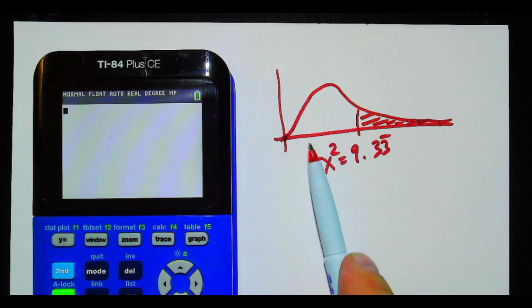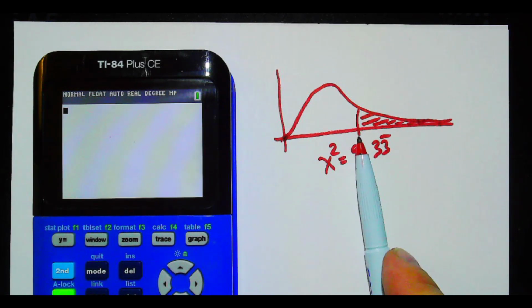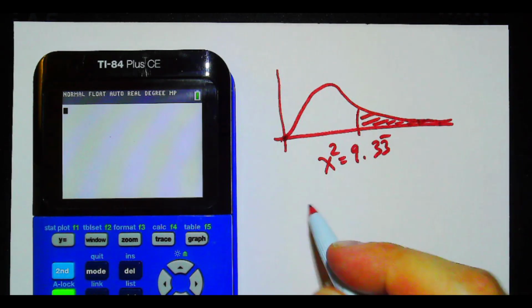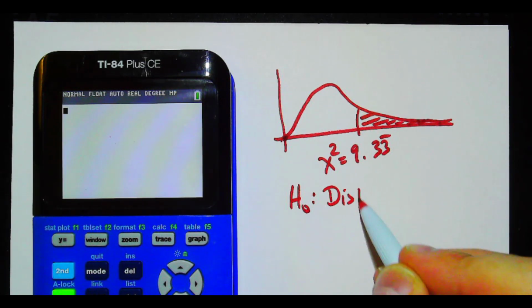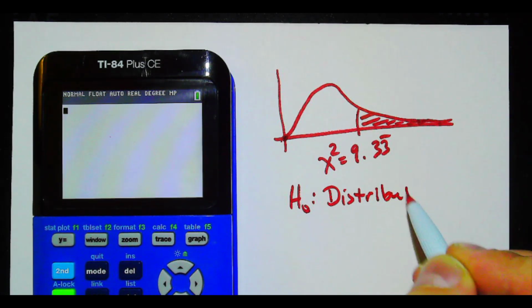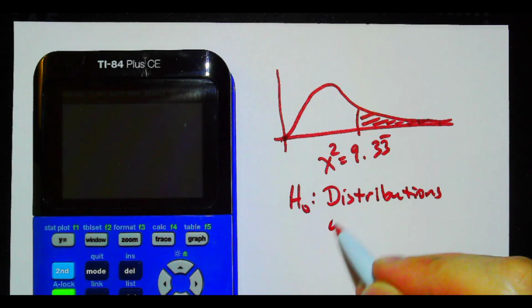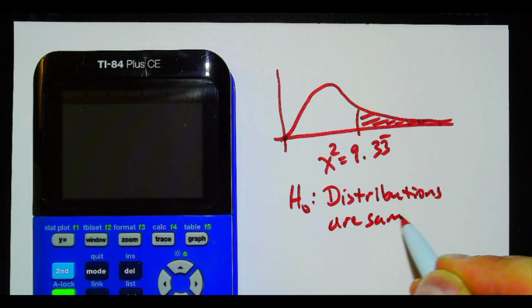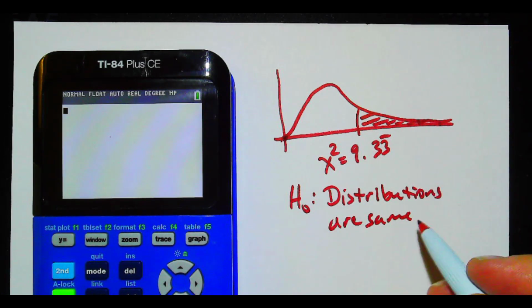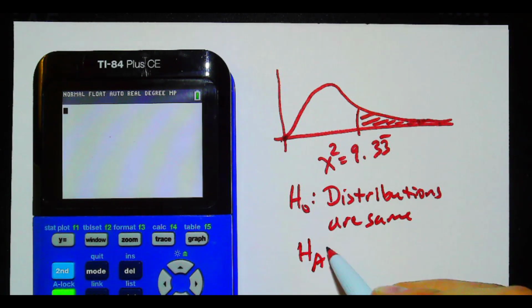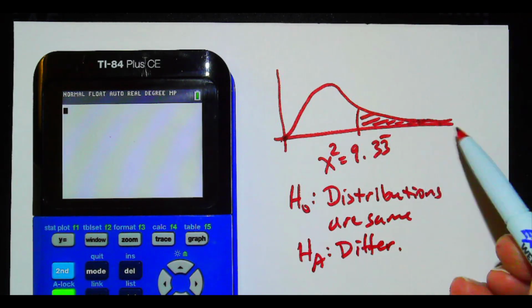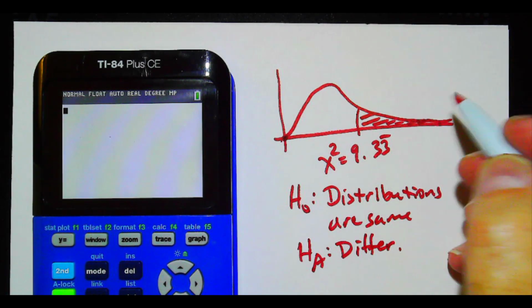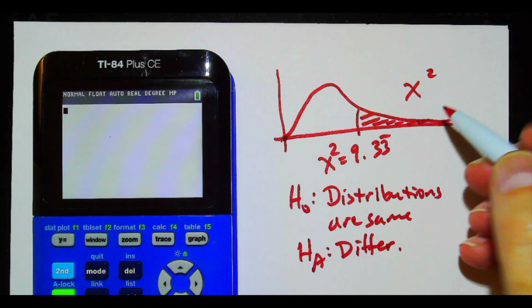Which means we can determine the probability of our null hypothesis, that the distributions are the same, and the alternative hypothesis, that they differ, by calculating that area in the chi-square distribution.